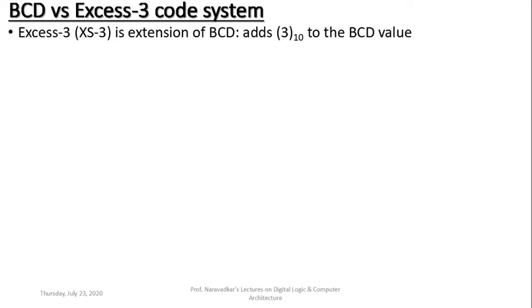Now the next is BCD versus XS3 code. Basically XS3 is the extension of BCD code. It is a logical extension of BCD. It simply adds 3 to its corresponding BCD value.